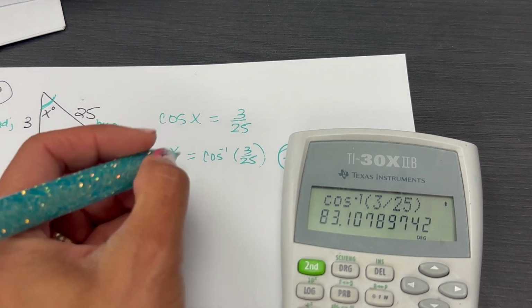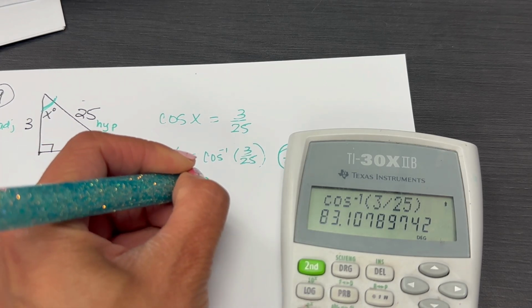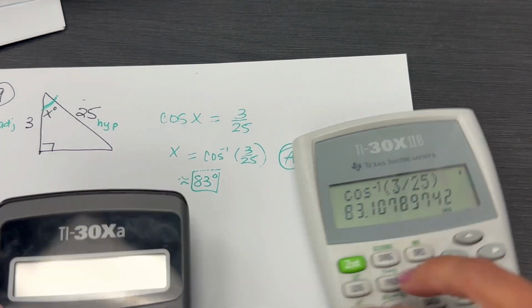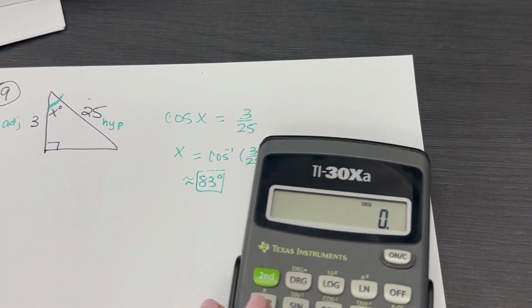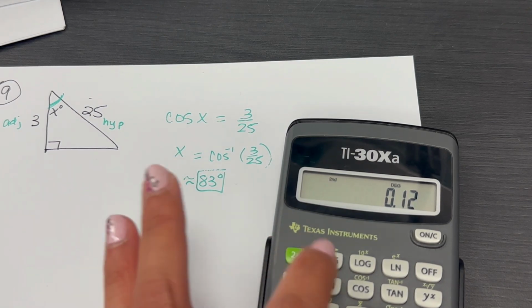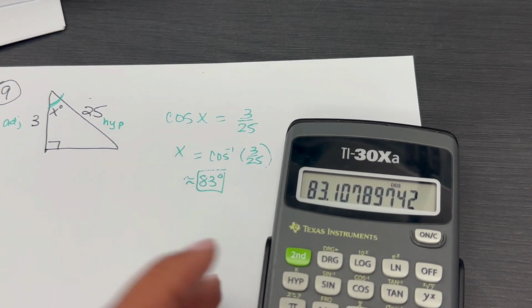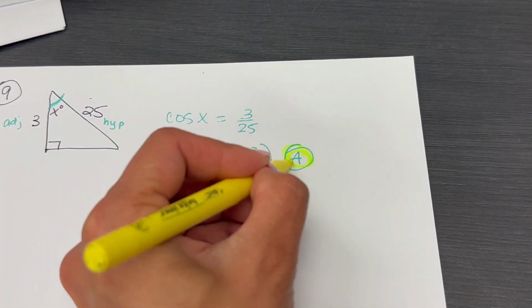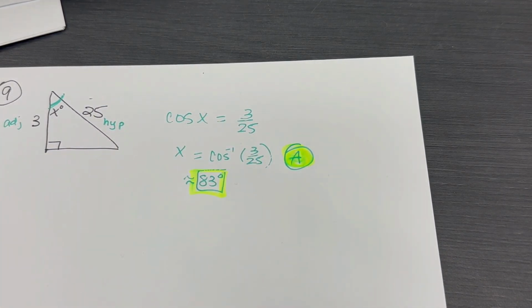It says to the nearest whole number, so this is approximately 83 degrees. If you're using this calculator, you need to go 3 divided by 25 equals, and then second cosine, and you get the same thing. There's number 9.